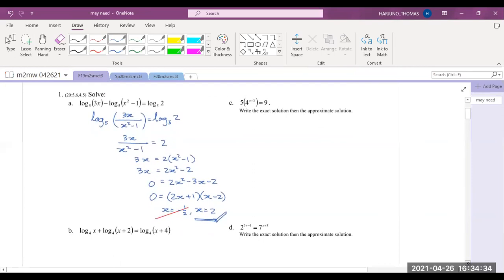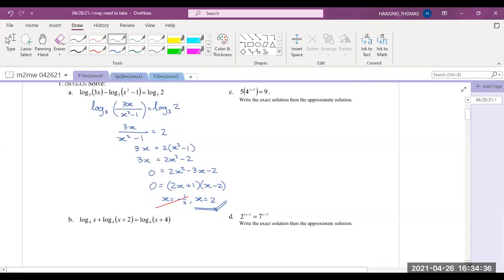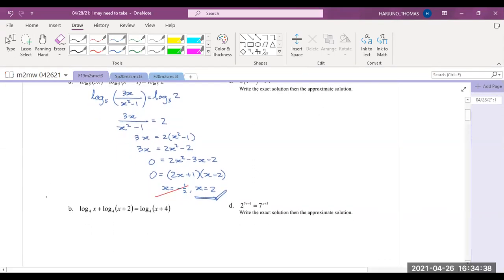Part B. Log base 4 of x plus log base 4 of x plus 2 equals log base 4 of x plus 4.